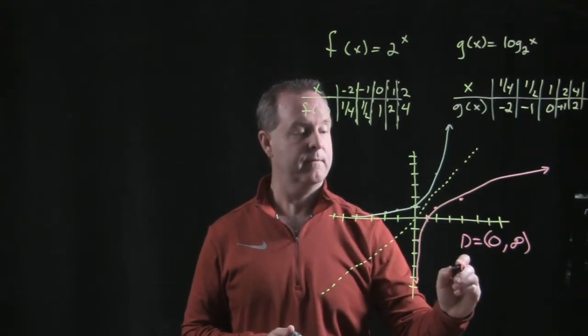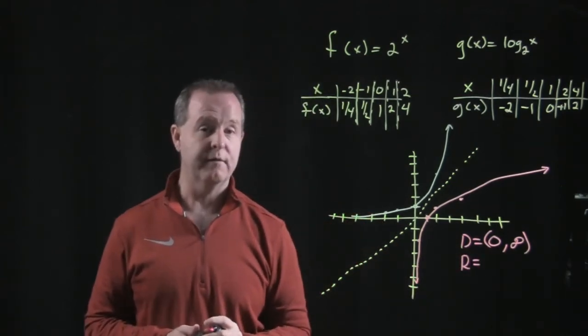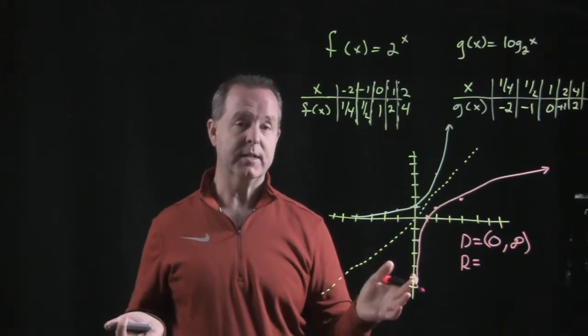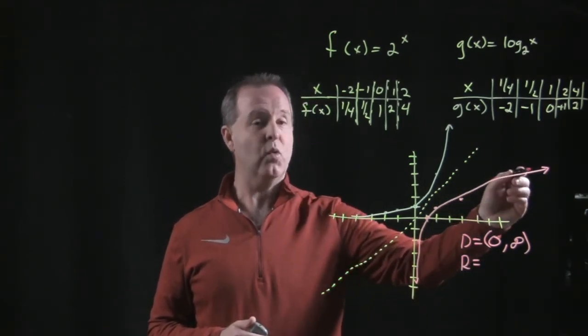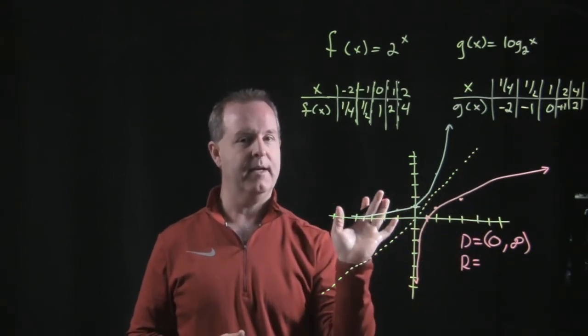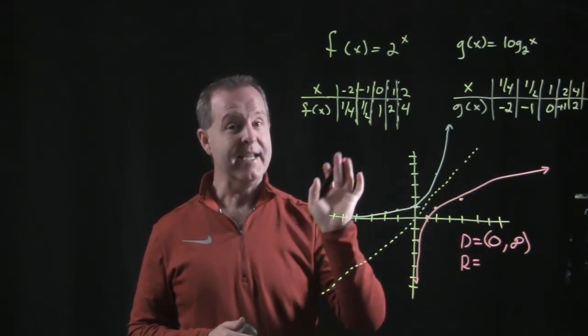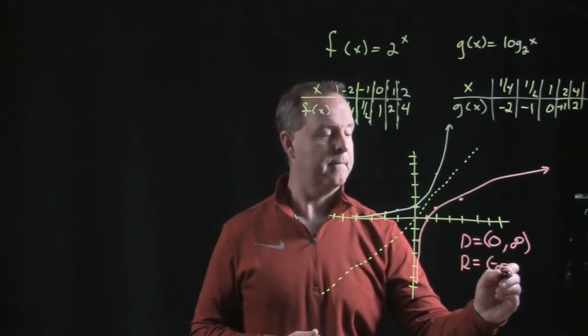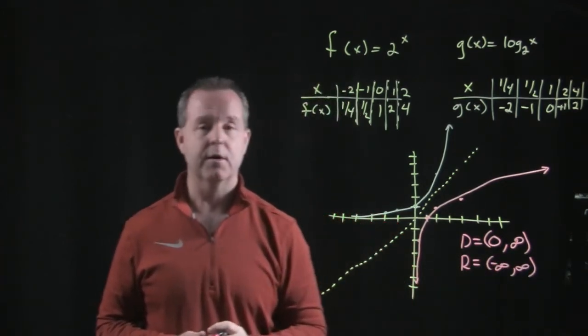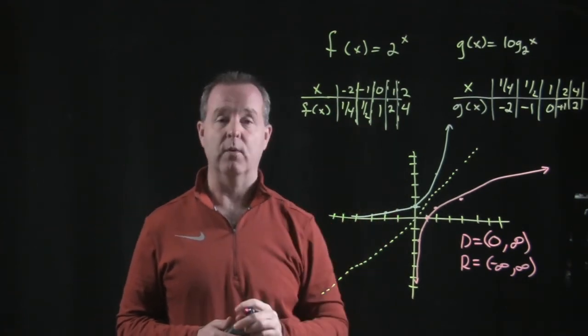And its range are all the values that can result of that. This looks like it goes all the way to -infinity. And this one, although it's creeping up very slowly, it is creeping up all the way to +infinity. So there's the domain and range of the standard logarithmic graph.